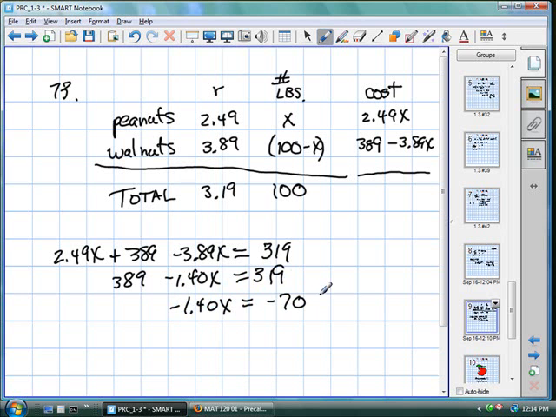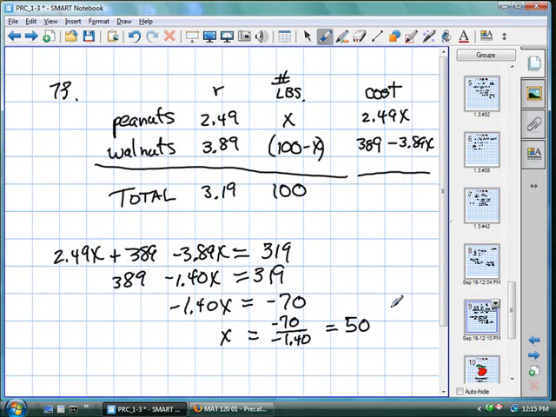Of course, we're going to get a negative, aren't we? Now, you shouldn't be shocked here, because you see how we're going to end up with a negative divided by a negative, which truly is going to be a positive. That's a relief, because you sure can't sell a negative number of pounds of peanuts. Okay, so when you divide both sides by negative 1.40, what do you get? 50?